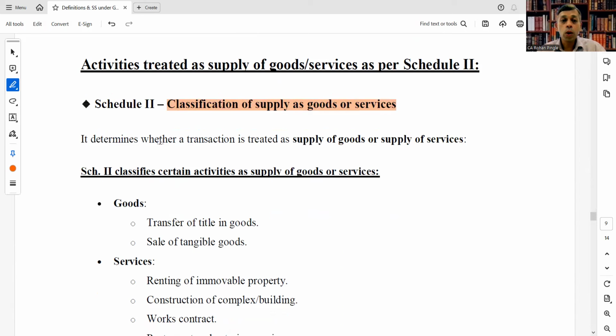It determines whether a transaction is treated as supply of goods or supply of services. It means Schedule 2 is used to determine whether a particular transaction will be treated as supply of goods or supply of services.